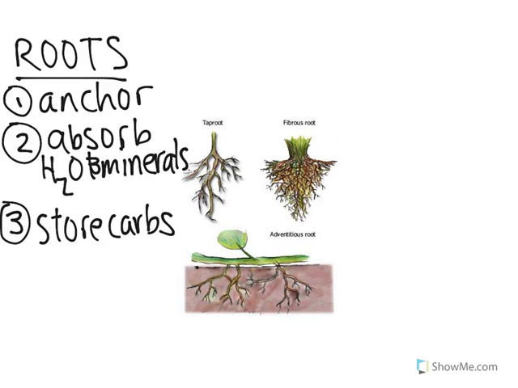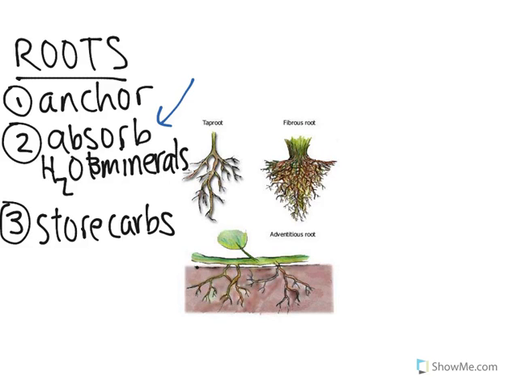Out of these three functions, though, the overwhelmingly most important one is that it can absorb water and minerals and deliver that to the plant. Without this, the plant won't be able to survive. So the roots are primarily there to absorb water and minerals.